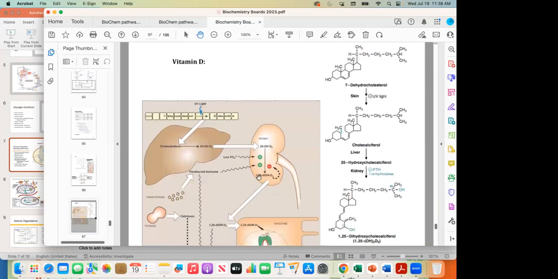With vitamin D, we have sunlight that's going to start this process from 7-dehydrocholesterol here, yay sun, to cholecalciferol here. That occurs in our skin.